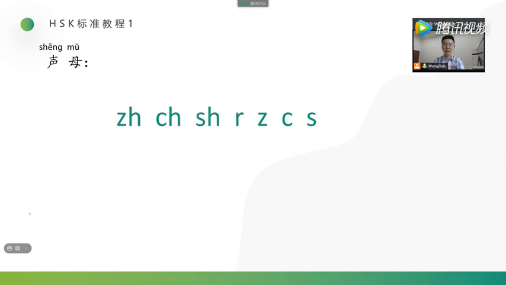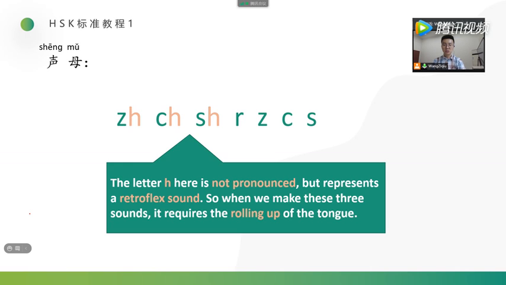Okay, I think some students have already discovered the 3 initials 知 吃 诗 are composed of 2 letters. Here, the letter H is not pronounced, but represents a retroflex sound.